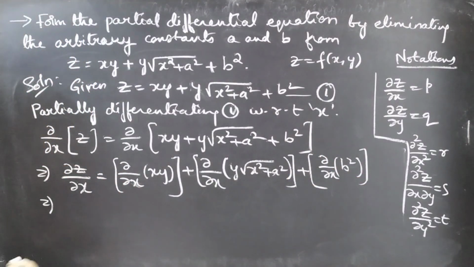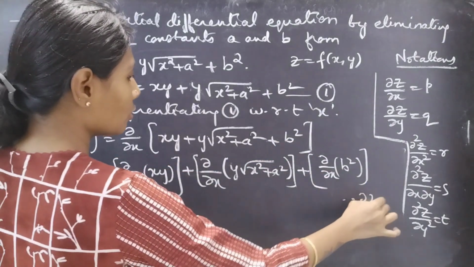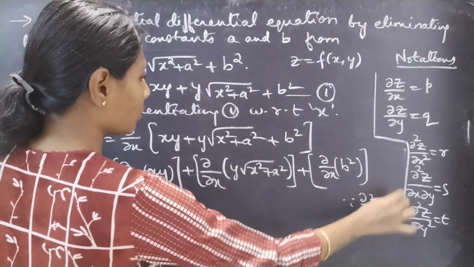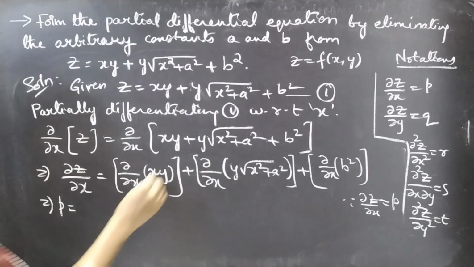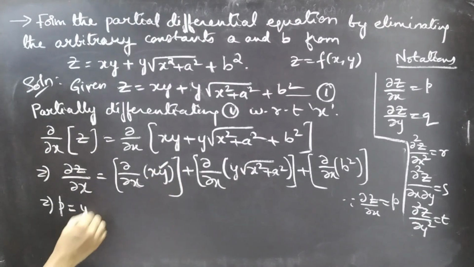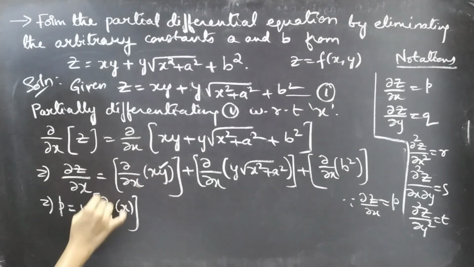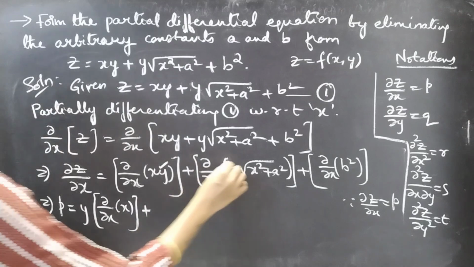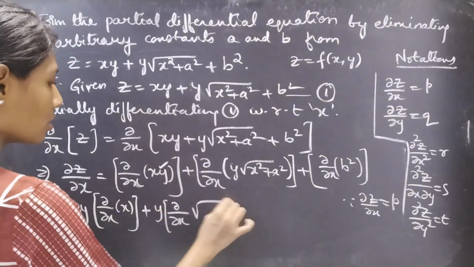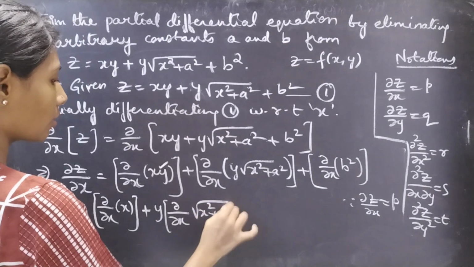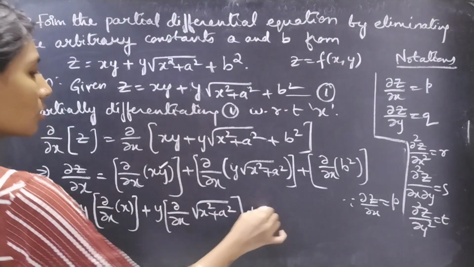We have a notation: dou z by dou x equal to p. So let's replace it by p. You'll get p equal to, here y is constant, so you can write it as y into dou by dou x of x plus, here y is constant, so we'll write it as y into dou by dou x of square root of x square plus a square plus partial derivative of a constant with respect to x is 0.